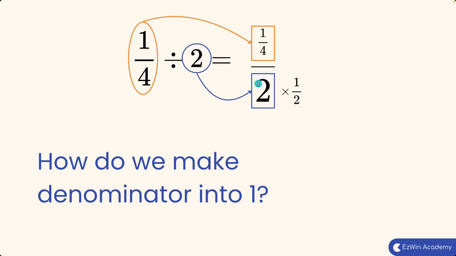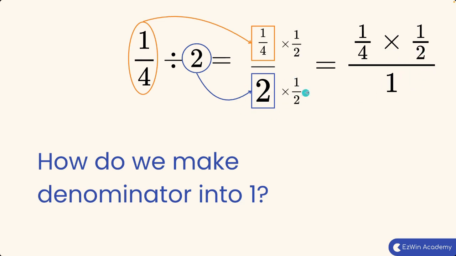Since we multiply the denominator by half, we need to multiply the numerator by half as well. And this will give us 1 out of 4 multiplied by 1 out of 2, and this is divided by 1, since 2 times half is equal to 1.